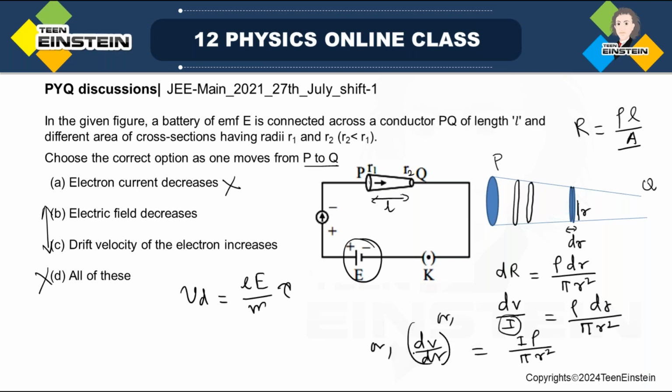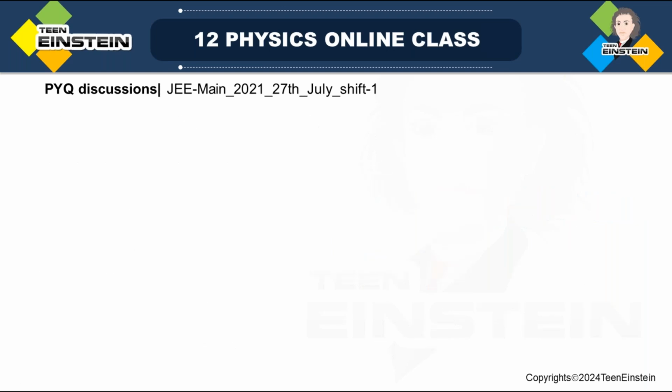And this is nothing but what? dV dr, if I take magnitude, E is equal to dV dr. So what I can say from here? I can say that electric field is inversely proportional to r square.